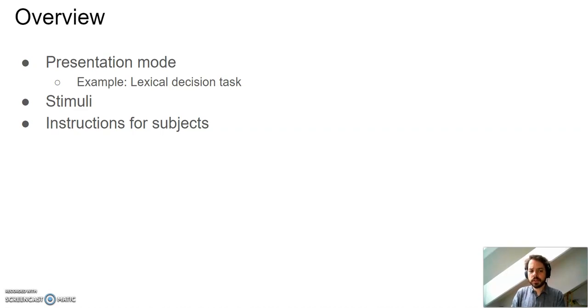And then we'll briefly turn to stimuli and instructions for subjects. One of the reasons why we are looking at these things briefly is that very often it is highly dependent on the specific topic that you're focusing on, how you approach stimuli creation and instructions for subjects. But still, there are some topics that are general, and we'll address those.